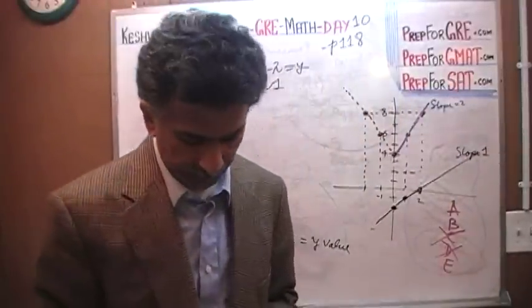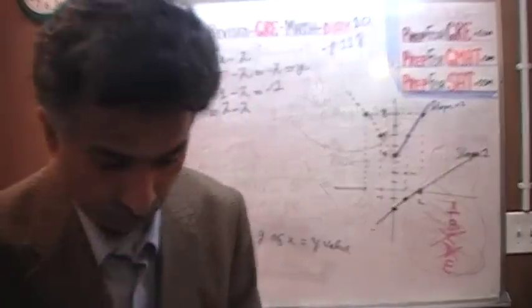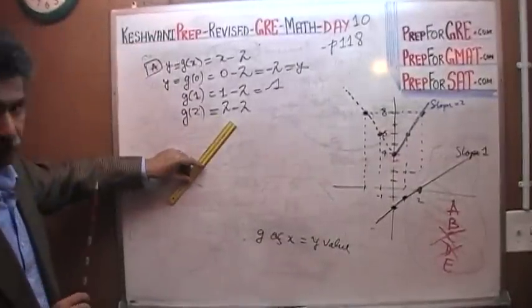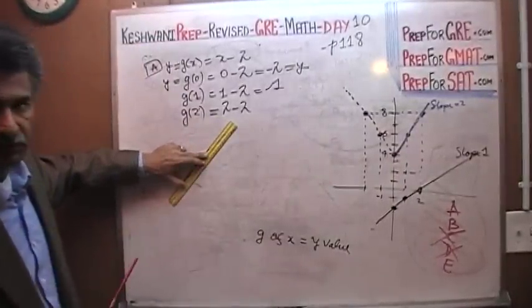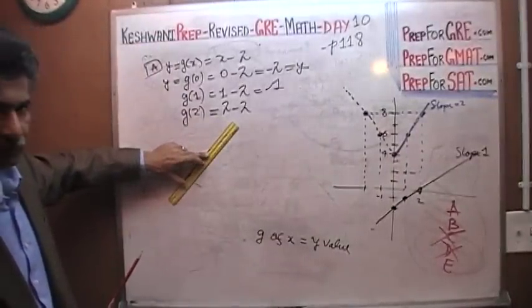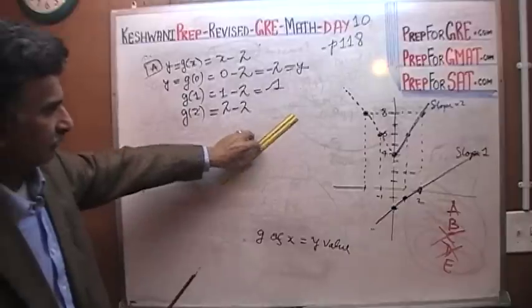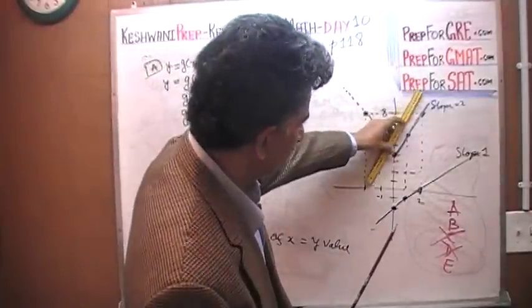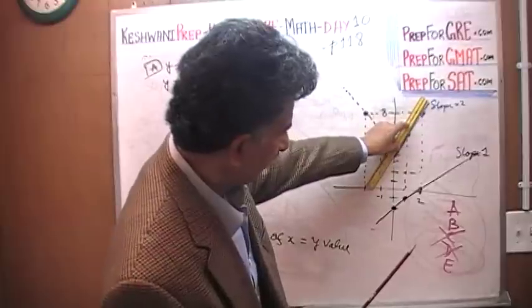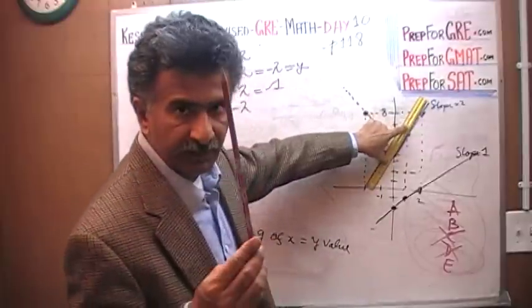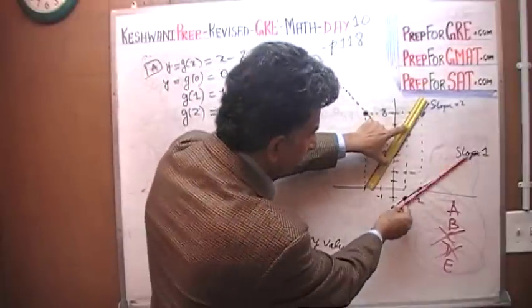A line that has a slope of 1. I'm going to show you two lines here. Here's a steeper line. Pretend this ruler that I'm holding has a slope of 2, and this pencil that I'm holding in my hand has a slope of 1.